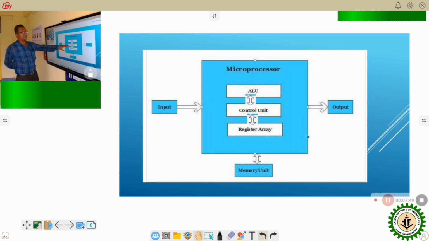So the control unit decides whether the microprocessor will communicate with memory, input device or output device. The control unit sends a signal that the microprocessor should now communicate with the output device, or the input device, or its memory.